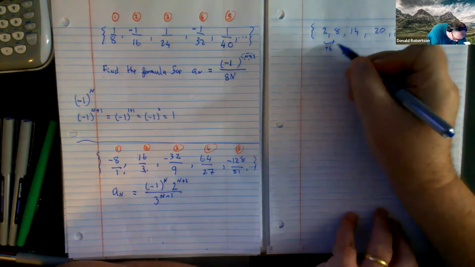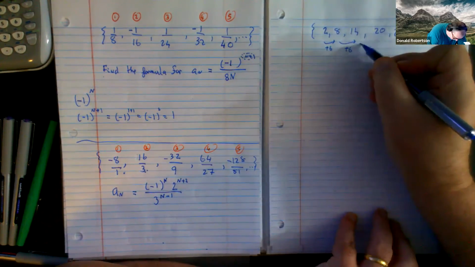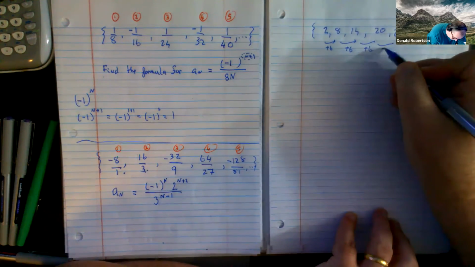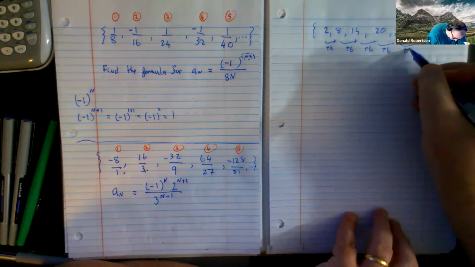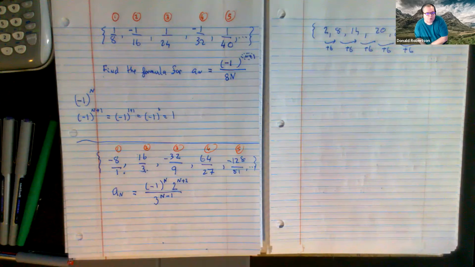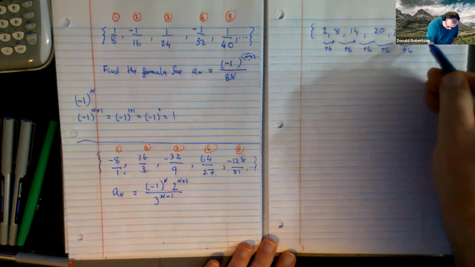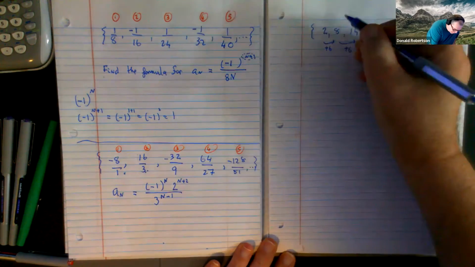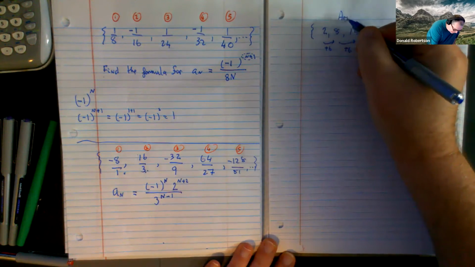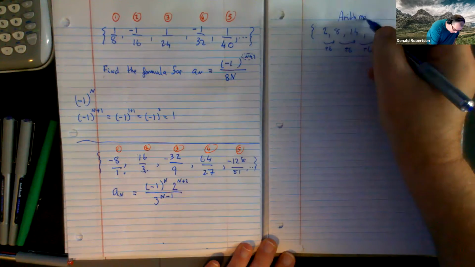I hope you all notice something going on here. Do you notice that to get from one number to the next, you add 6? When you see a sequence where you continually add the same amount, we have a name for these: arithmetic sequences.